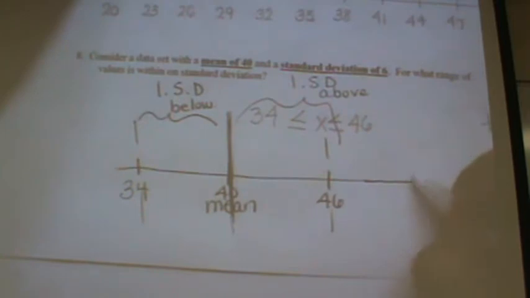You're going to add 6 more, so this would be 52, and subtract 6, this would be 28. So 2 standard deviations would be between 28 and 52. This is 2 standard deviations below the mean, and this is 2 standard deviations above the mean. So all you do is add and subtract your standard deviation from the mean. That's one standard deviation. Questions, anyone?